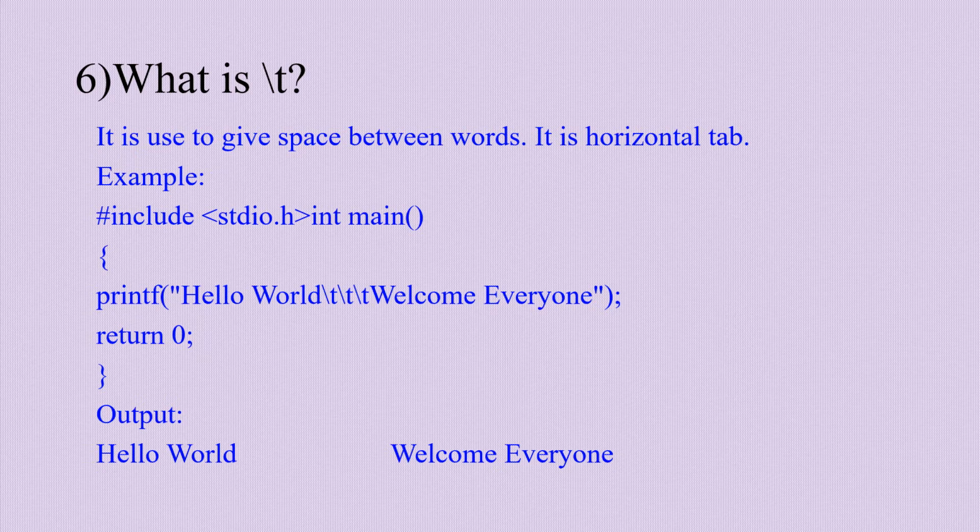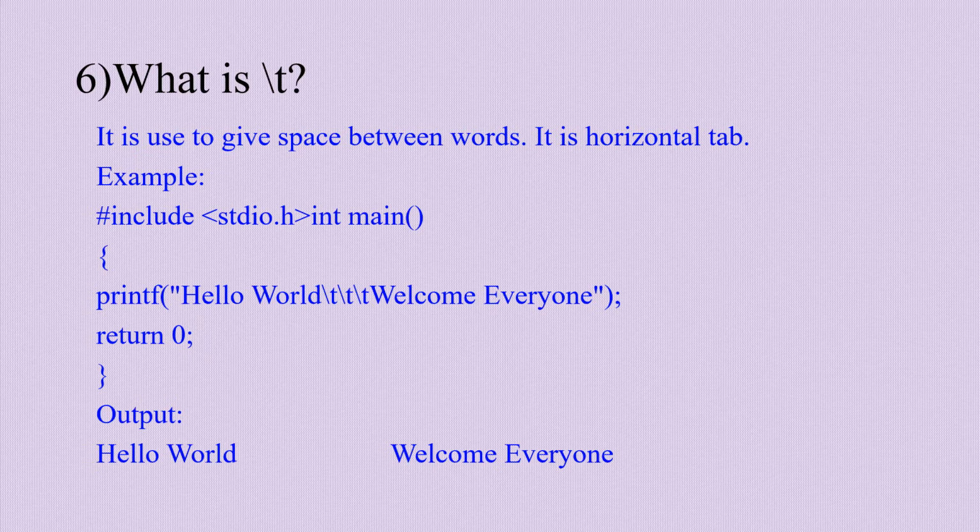Now the next one is \t. Now \t is useful to give space, or we can say it is tabs. It is also called a horizontal tab. For example, in printf we are writing hello world, and 3 times I have given \t.